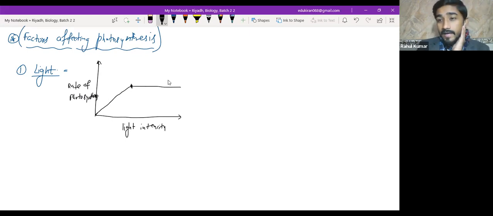At low light intensities, there is a linear relationship between the incident light and the rate of photosynthesis.